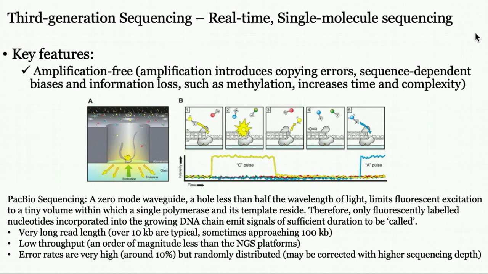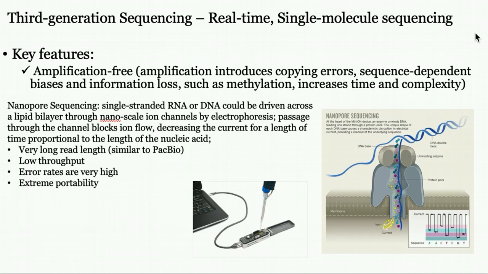Nanopore sequencing basically has a nanopore, a nanoscale pore channel. Once you pull the DNA molecule through that channel, it can trigger a change in the signal, and the signal is specific to each nucleotide.